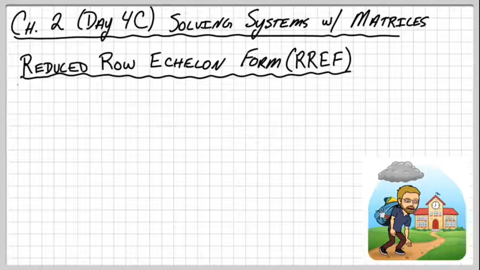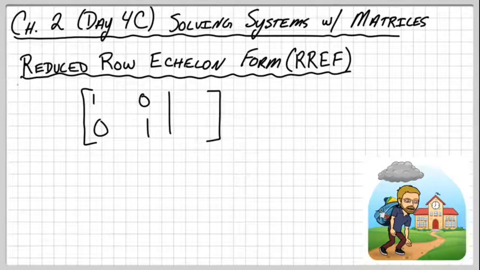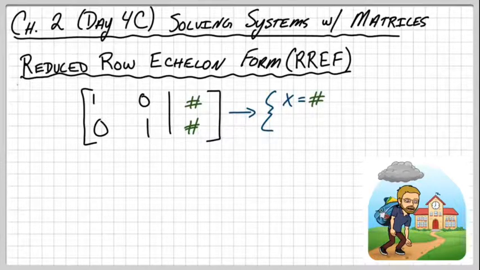So reduced row echelon form, if I can give you a brief example, still has ones across the diagonal, but then above and below the ones, it's got zeros in the coefficient side of our augmented matrix here. And then it still has whatever values are located in the answer column. Now, what's nice about a reduced row echelon form matrix is when I put this back into XYZ form, I have my answers right away.